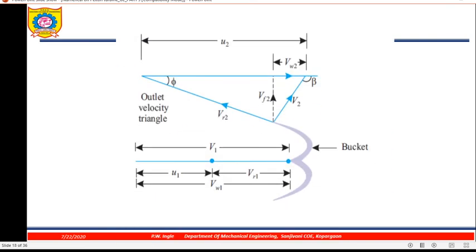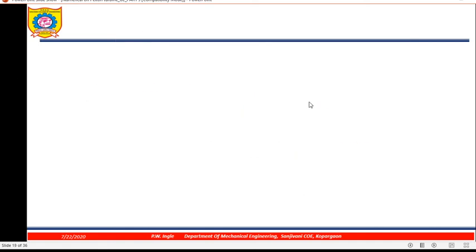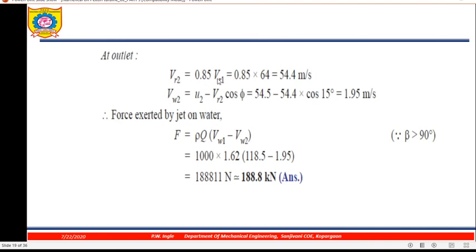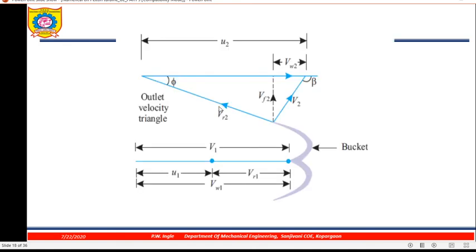So here, why is the velocity triangle drawn like this? Because here you see VR2 is 0.85 of VR1, and VW2 equal to U2 minus VR2 cos phi, because VR2 cos phi is less than U2. That's why the angle beta is more than 90.